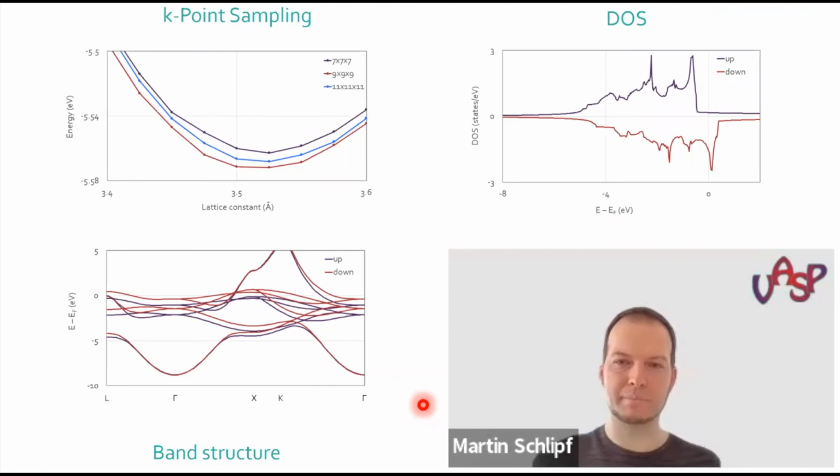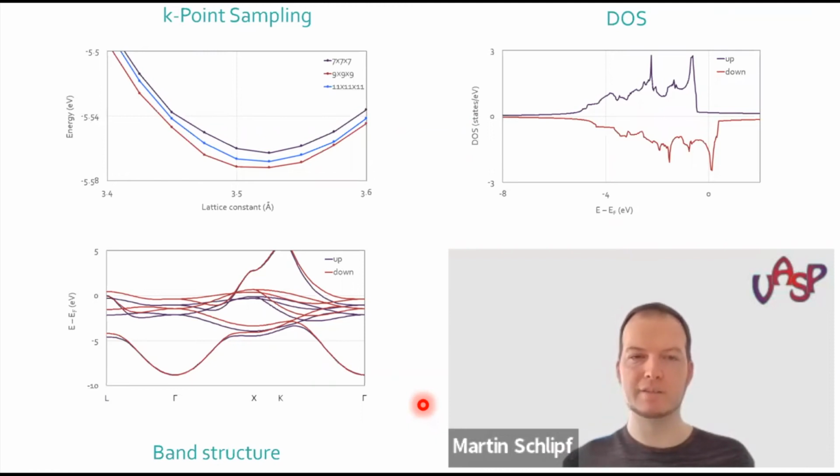I mean, of course, it depends on the size of your system and things, but in general, what you always want is first to get a good density. So that's the first part of the relaxation or self-consistency, is get a good electronic density. And then the next part is calculating the band structure for this density.